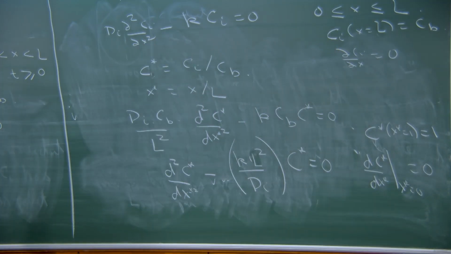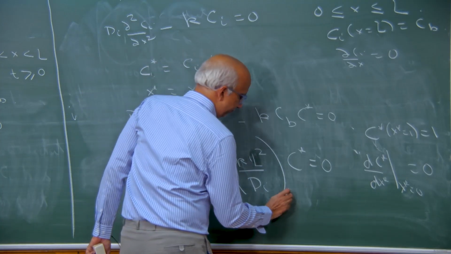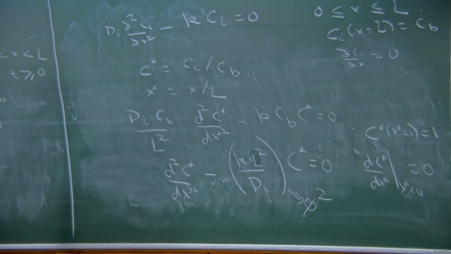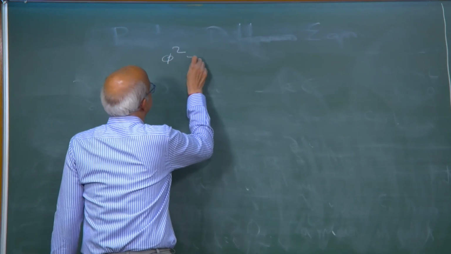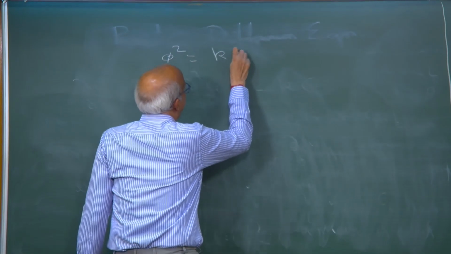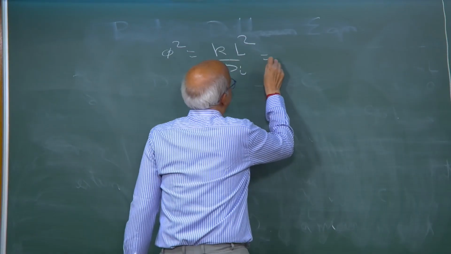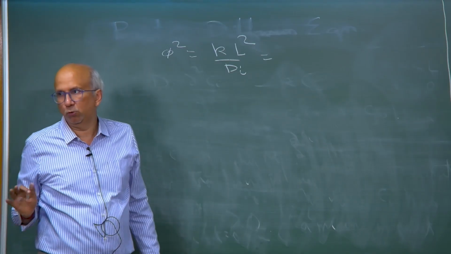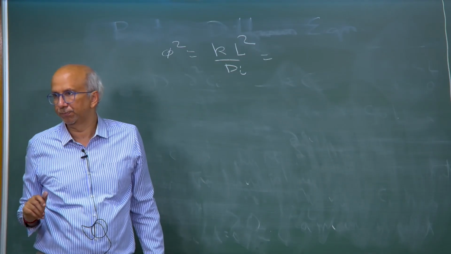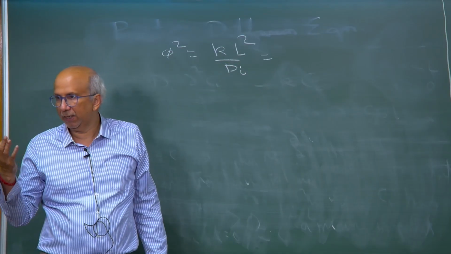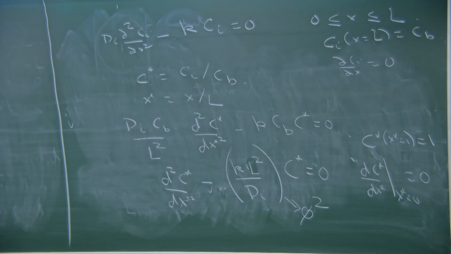derivative is 0. So, basically this is one thing here which is represented as phi squared, okay, and this phi squared is k L squared by di, and this is the ratio of two time scales. L square by di represents the diffusional time scale, and Ki, remember, is first order reaction defined on a per unit volume basis.